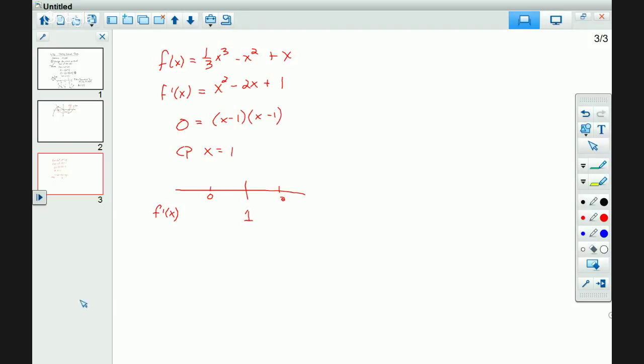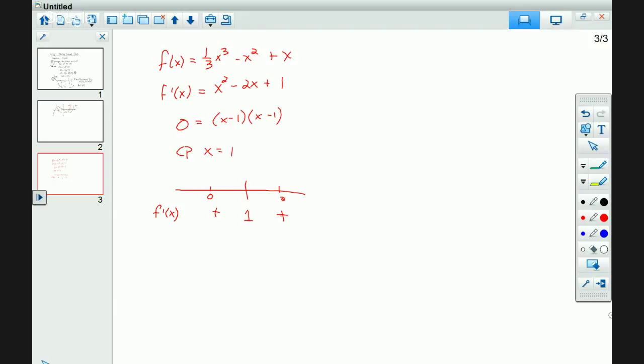Negative times a negative is a positive. And if I plug 2 in, I get another positive. What can we say? Positive to positive. There's nothing.